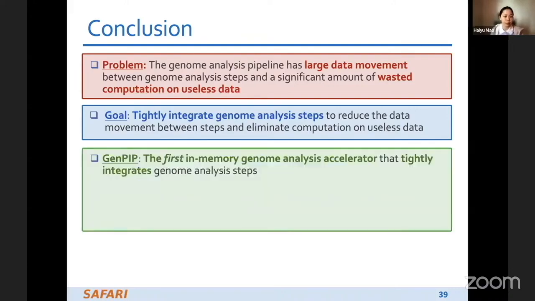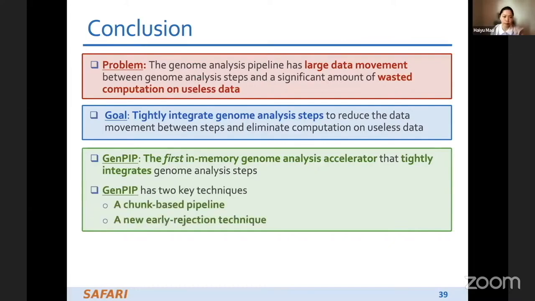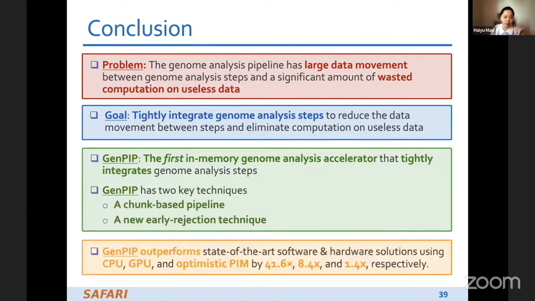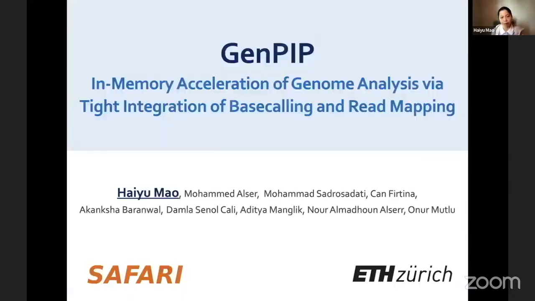So that's why we propose GenPIP, the first in-memory genome analysis accelerator that tightly integrates genome analysis steps. GenPIP has two key techniques, a chunk-based pipeline and a new early rejection technique. GenPIP outperforms the state-of-the-art software and hardware solutions using CPU, GPU, and optimistic PIM.